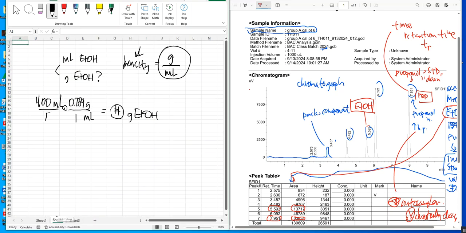All right, well, the dilution equation is MV equals MV. This is dilution. So when I do dilution, I'm going to be like, okay, these are my initials and these are my finals. Some people use F's and I's and some people use 1's and 2's. Doesn't matter.